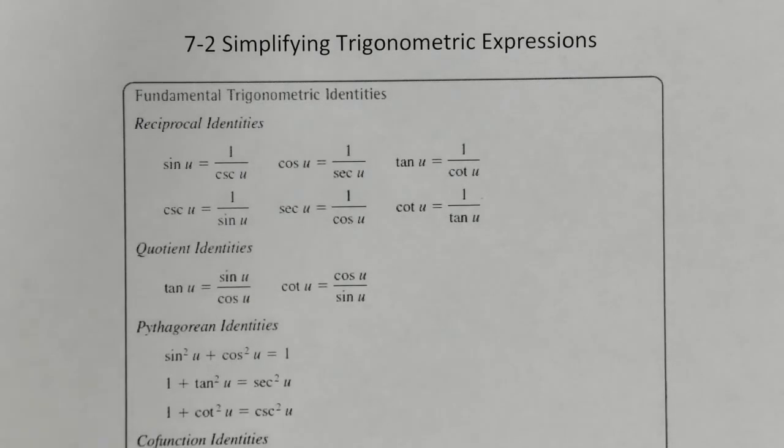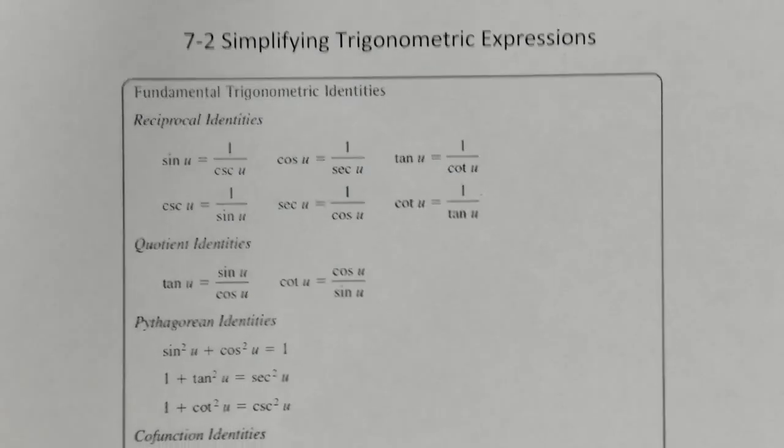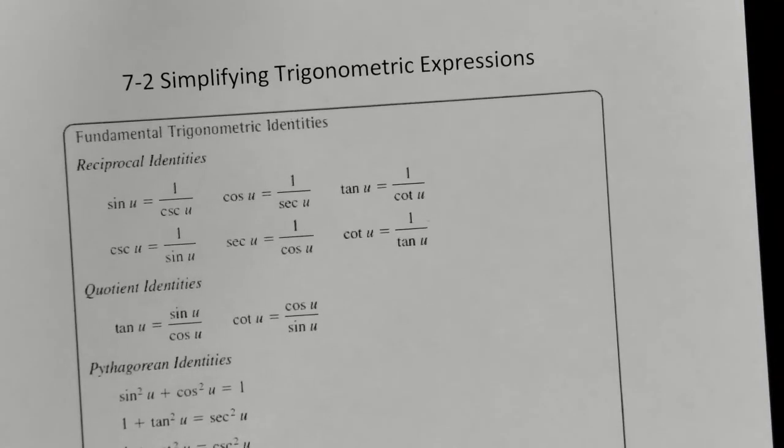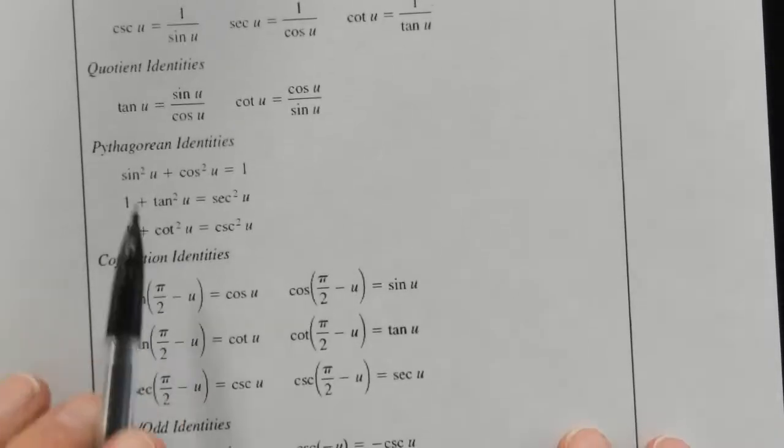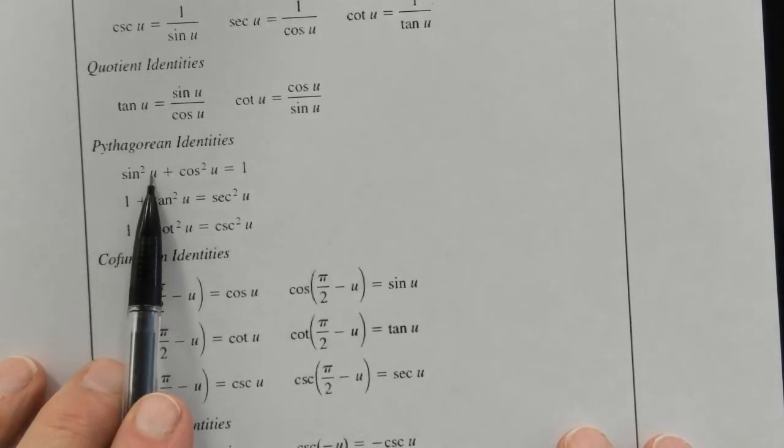All right. Now, before we move on and look at the problems, here's something that I want to make sure that we discuss and understand. You have some of these identities that have sine squared of u. So let's talk about that for just a moment. What does that mean?